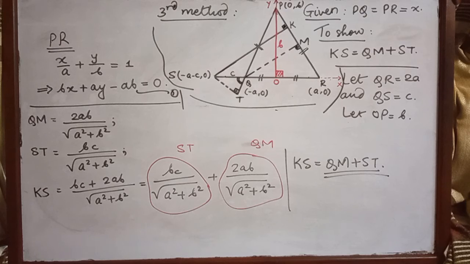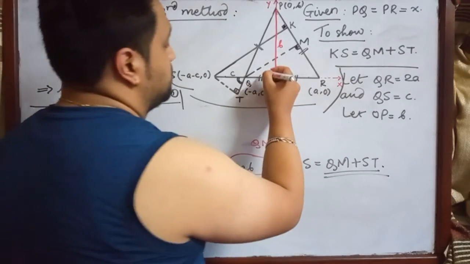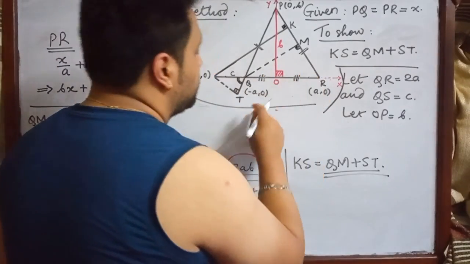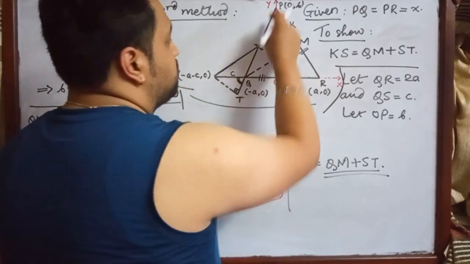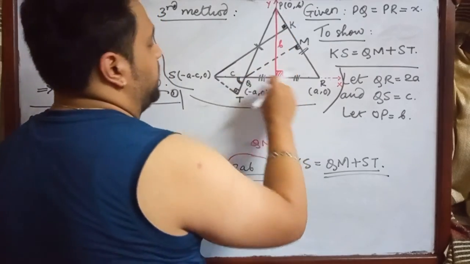That's why I came up with the third method. Otherwise, I'd never suggest you do this question using the third method. And by the way, these may not be equal.